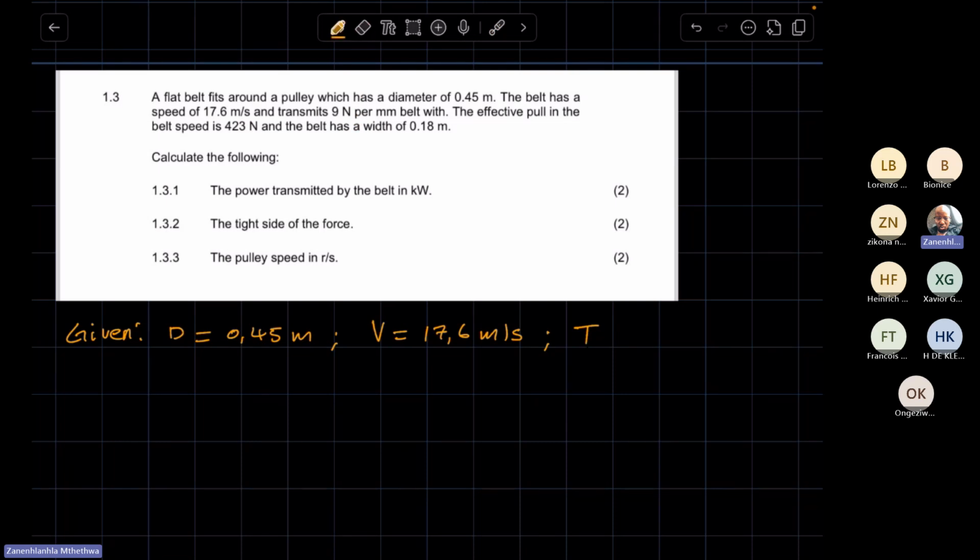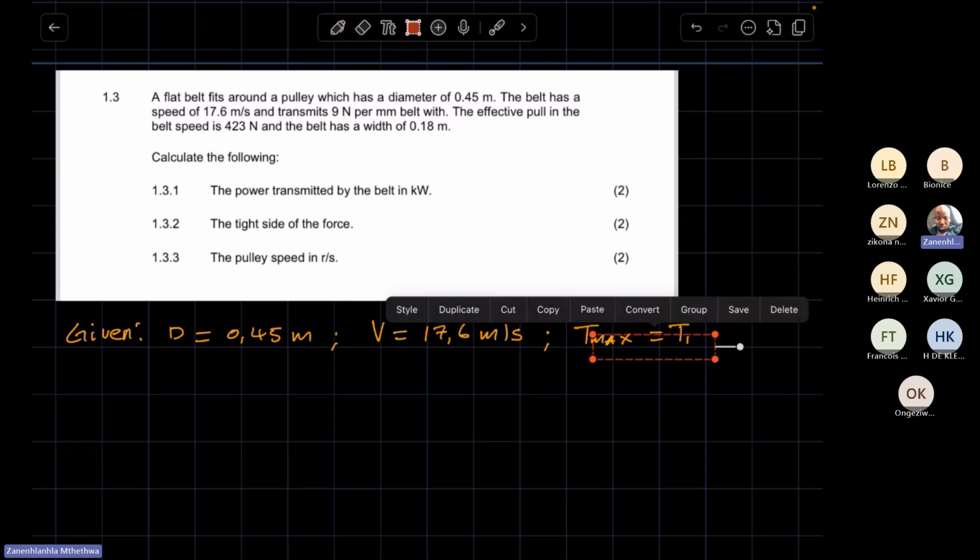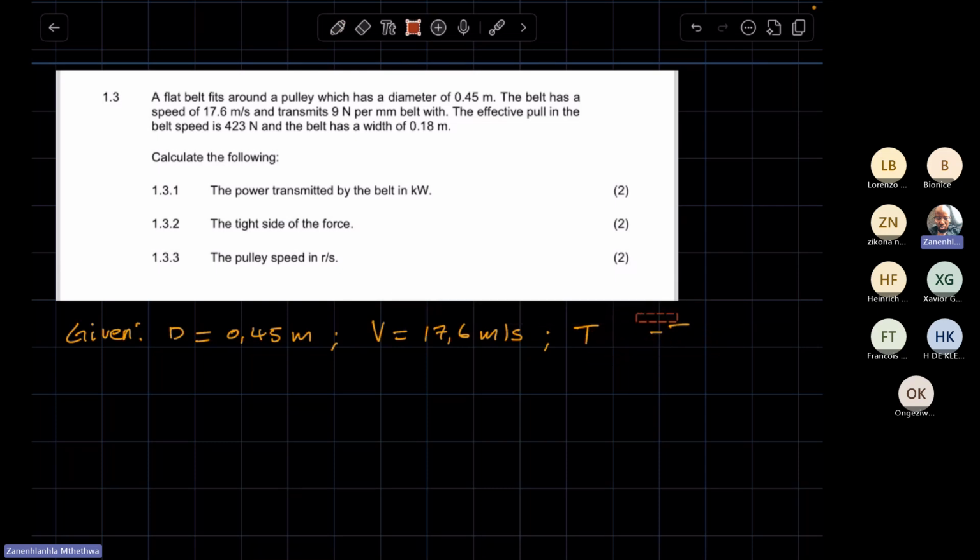It is actually called Tmax, and then Tmax is equal to T1. But because this is not in the syllabus, we are just going to call it T1.